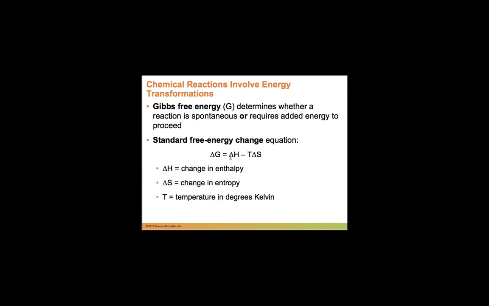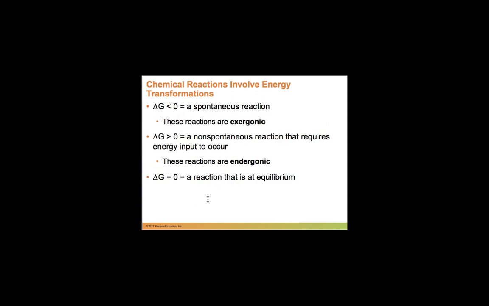Delta G is equal to delta H minus temperature in Kelvin times delta S. Your delta H, once again, is your change in enthalpy that represents your heat content and is dependent on potential energy. Delta S is your entropy, and our second law of thermodynamics states that we always want a highly disordered system. And T is going to represent your temperature in degrees Kelvin.